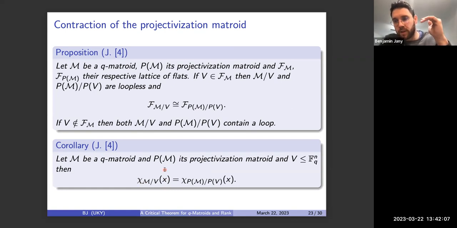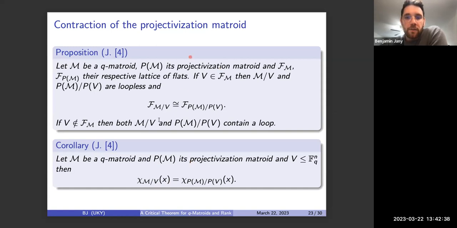So using those two pieces of information, we see that the characteristic polynomials of the q-matroid and projectivization matroid behave well under contraction. Namely, if I contract M by V, I use the flat structure to figure out that those two characteristic polynomials are equal to each other. And if V is not a flat, then I use the fact that both M contracted by V and P of M contracted by P of V contain loops to say that both of them are equal to 0.